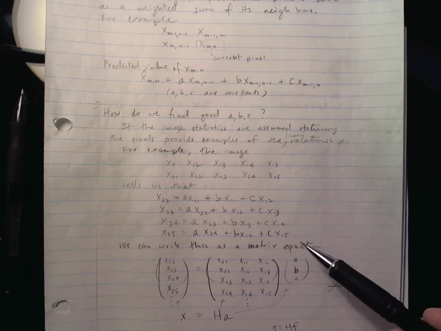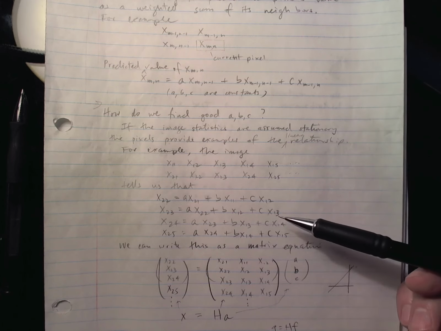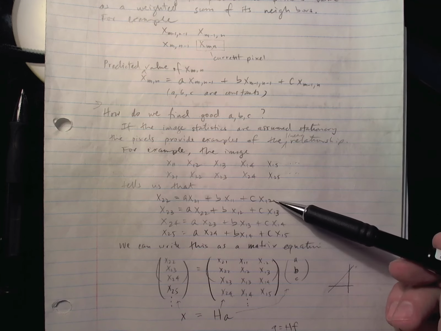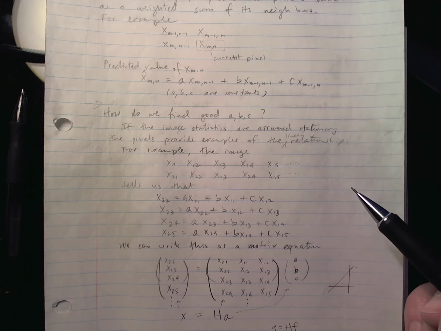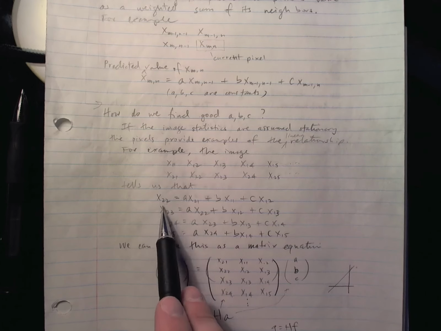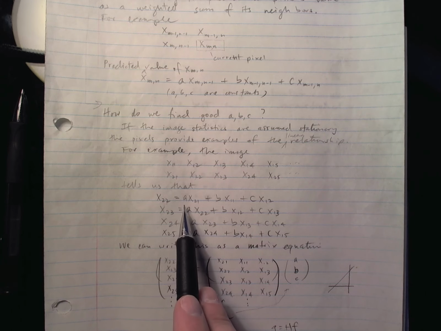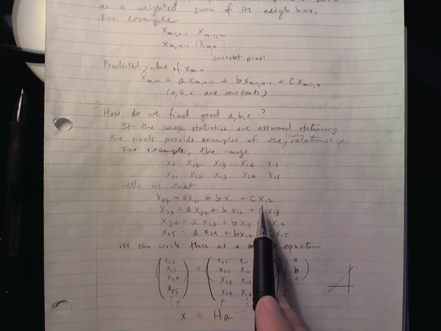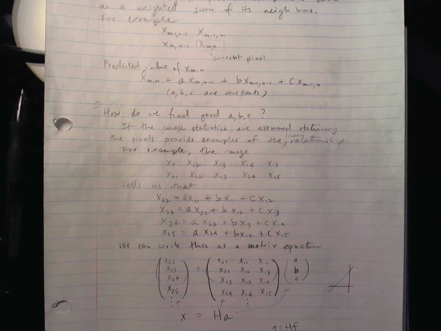Here we'll have noise too, in the sense that each of these equations isn't precisely correct, because in truth this pixel isn't exactly A times this one, B times that one, and so on. Just as if we tried to predict temperature, a simple thing like this won't be right all the time. It might just be close, right?